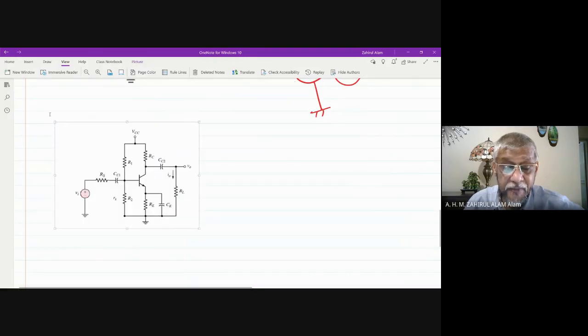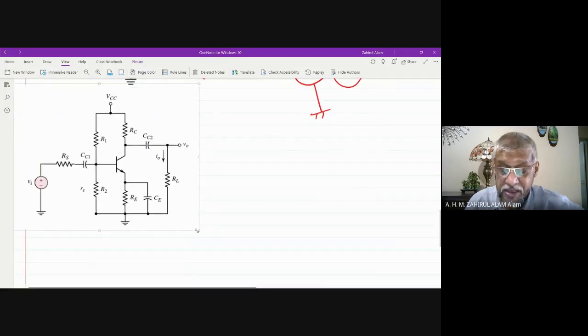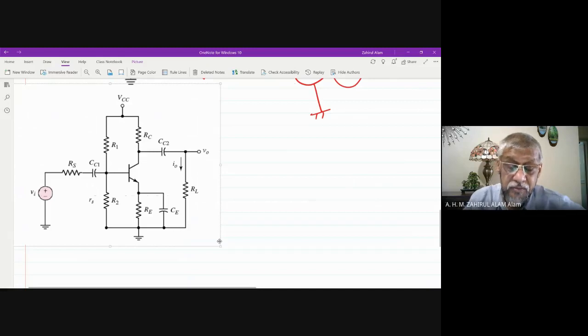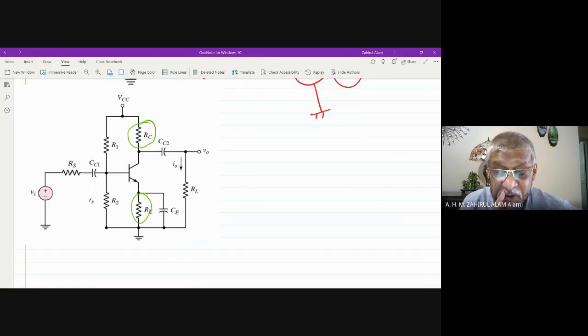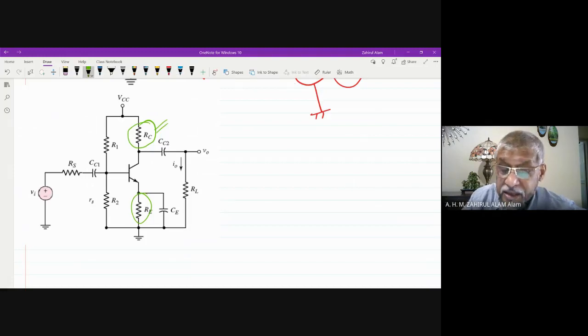Now we need to replace this, because as I mentioned, if we introduce a current source, we don't need it. For example, the current source also acts as a load, because this resistance is also high, so we can replace it with the active resistance. Now let us see how the transistor acts as a resistance.